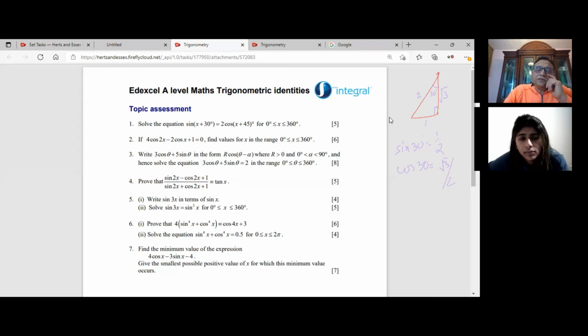So once you have that equation in sine and cosine, how will you solve it? You'll just divide and get tan, right? Yeah. So this is simple.